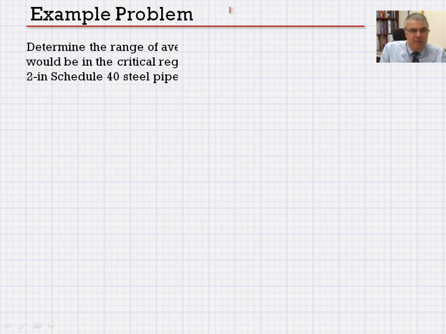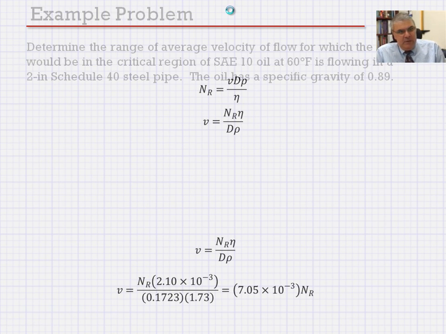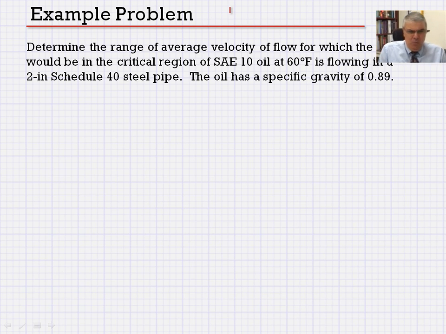And this example problem that I'm going to go over with you is actually an interesting problem. The problem is: determine the range of average velocity of flow for which the flow would be in the critical region, if SAE10 oil at 60 degrees Fahrenheit is flowing in a 2-inch Schedule 40 steel pipe. The oil has a specific gravity of 0.89.